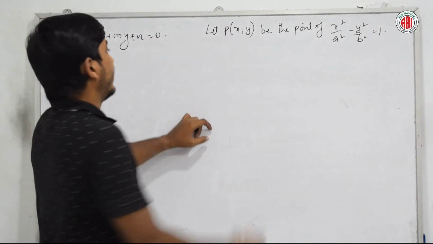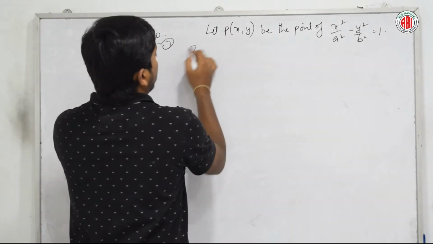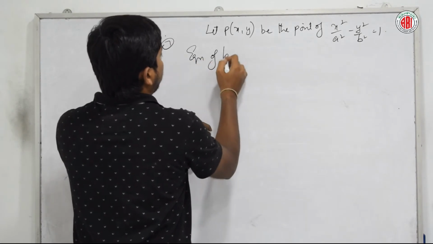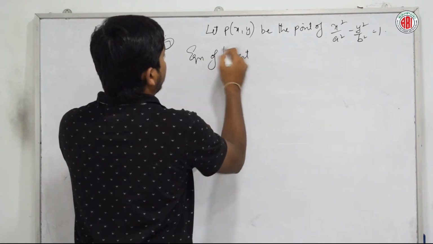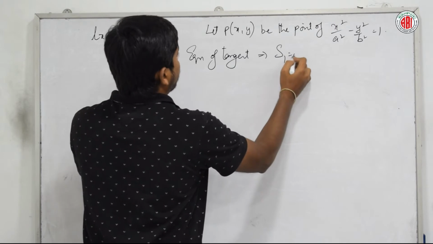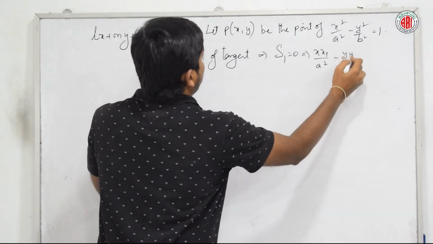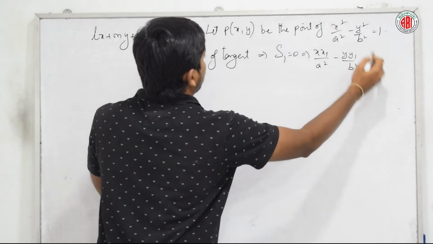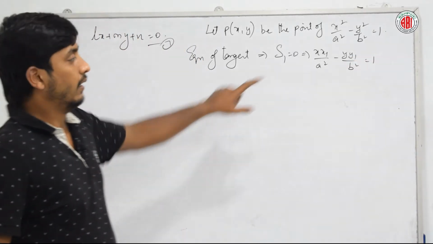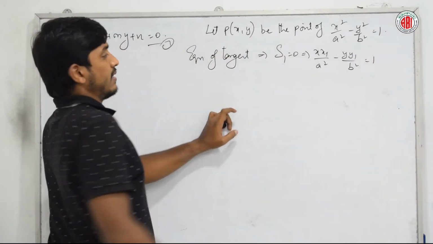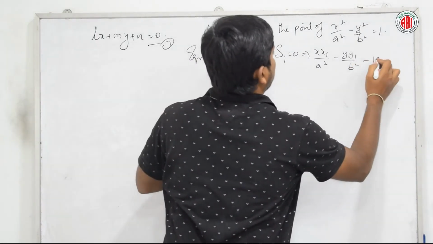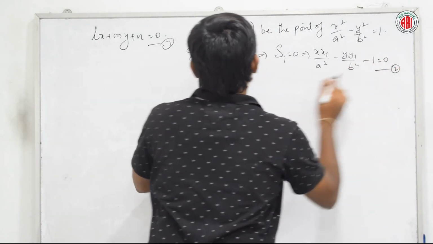Right? Now let us find the tangent for that. Equation of tangent is S1 equal to 0, that is xx1 by a square minus yy1 by b square is equal to 1. Right? Let us bring that 1 this side. What do we get? Minus 1 equal to 0. This is my equation 2.